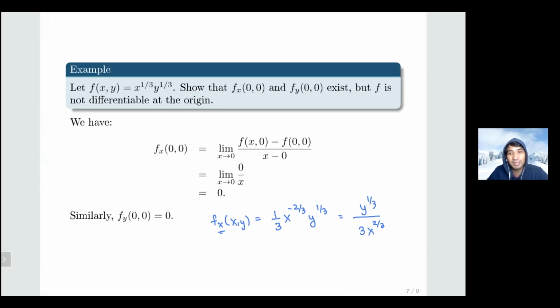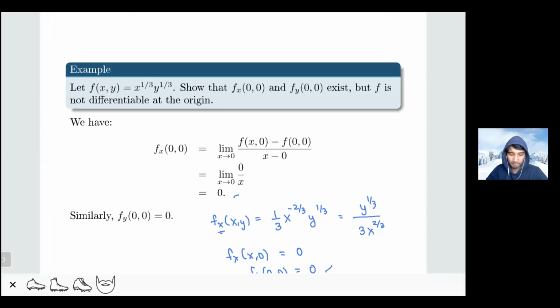In most cases, hindi nagmamatter kung una mong i-plug in yung y or yung x. Pero may mga examples katulad nito na kapag sabay mo silang pinag-in, wala kang makukuha ng sagot. Pero pag inuna mong pinag-in yung 0, ang lalabas 0. No? So kapag kinuha mo yung fx of 0, 0, ang makukuha natin ay 0. So consistent pa rin siya doon.